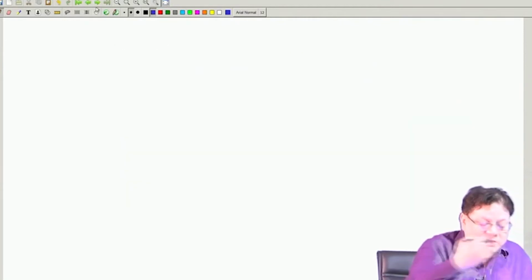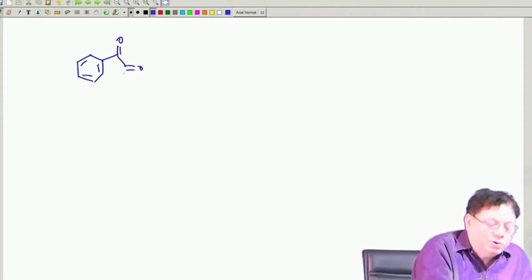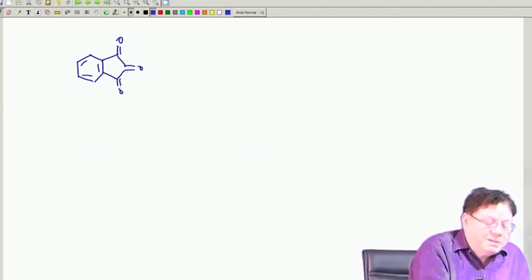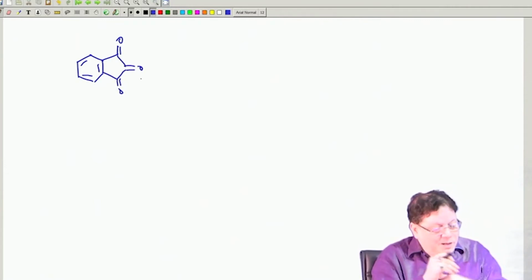Next is what is the reaction, what is ninhydrin, why does it give that bluish violet color. Now, ninhydrin has a structure which is like this. It is a trione. It is a benzene and a 5-membered ring with trione.